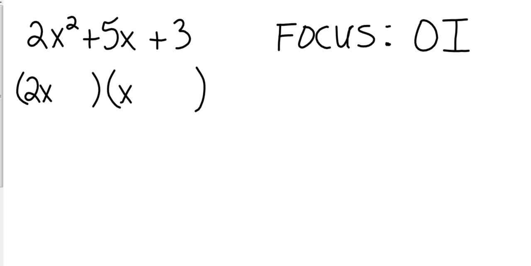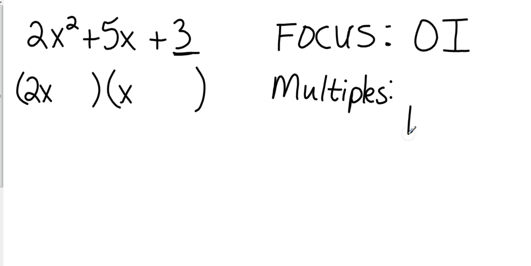We still need things that multiply to get 3. The multiples of 3 are just 1 and 3, so we don't have a whole lot of options. We'll do one here in a minute that has more options. So let's just guess and check right now.